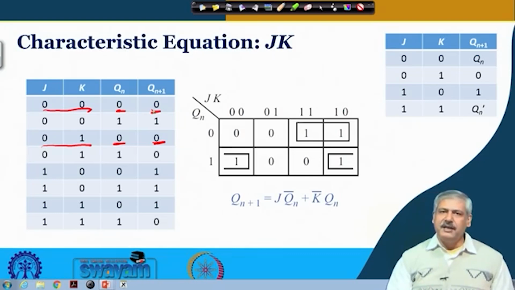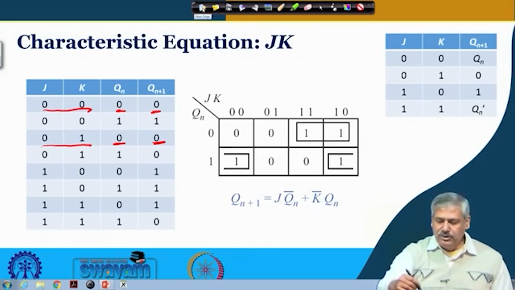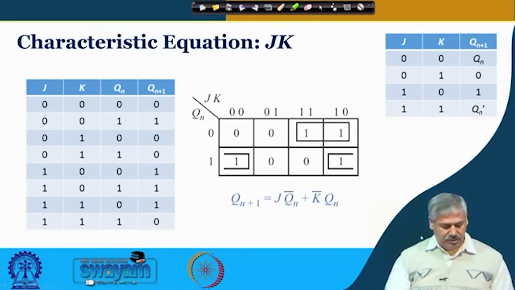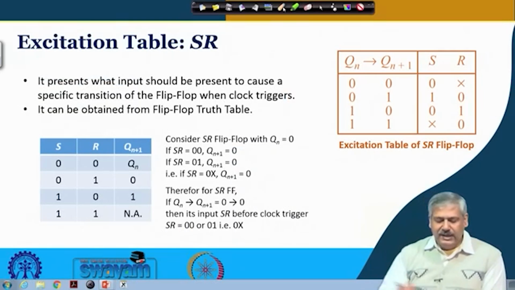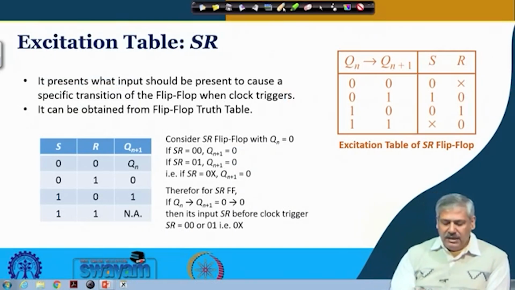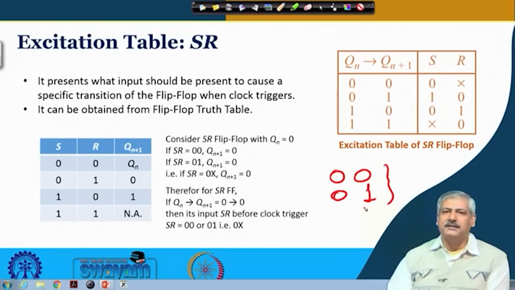So, in both cases it is happening. If this is what is observed, we can say that either 0 0 or 0 1 was presented at SR to make this happen, that it has changed from 0 to 0.